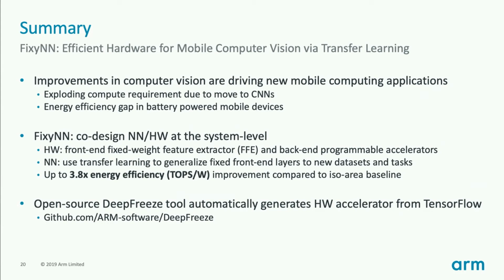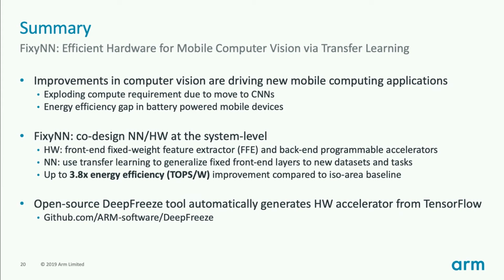Okay, so here's a summary of this paper. I described how improvements in computer vision are driving new mobile computing applications, and there's an exploding compute requirement due to the move to bigger CNN models to get that accuracy. And this has led to an energy efficiency gap, especially on mobile battery-powered devices.